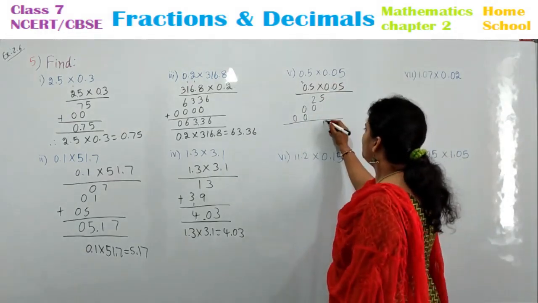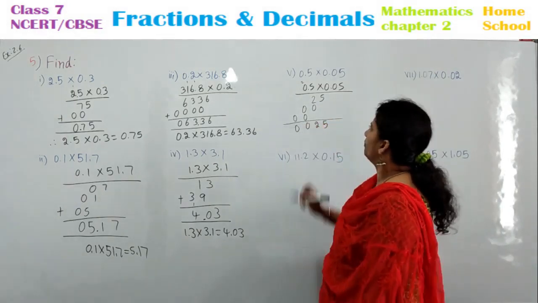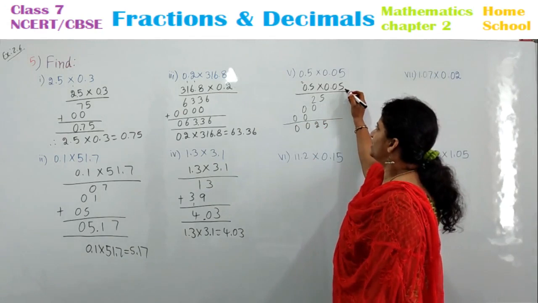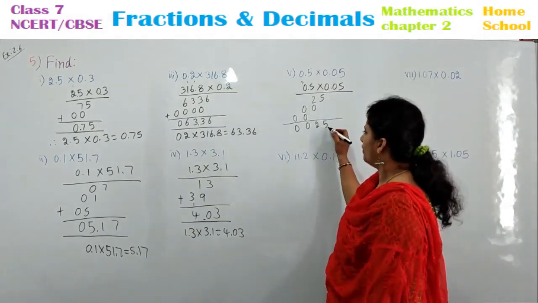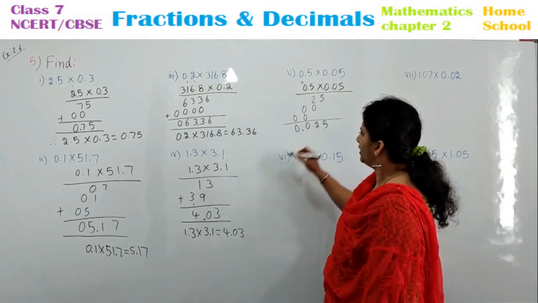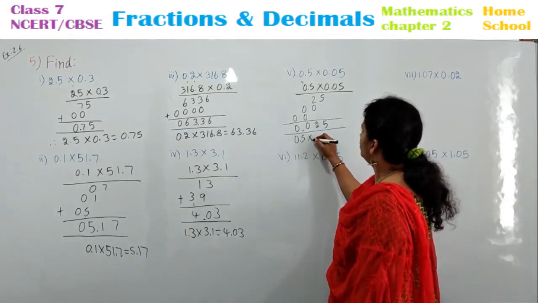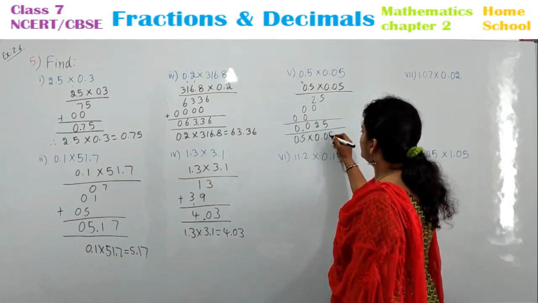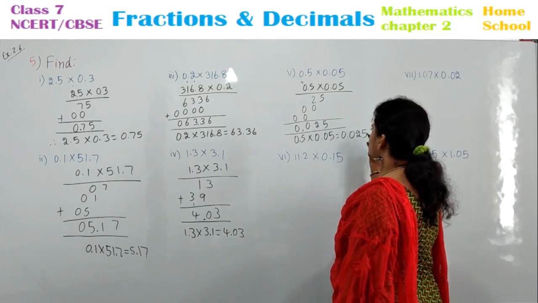Now add, children: 5, 2, 0, 0. Count the decimal values here. 1, 2, 3. In your answer, 1, 2, 3. Put the point. Therefore, 0.5 into 0.05 is equal to 0.025 is your answer.